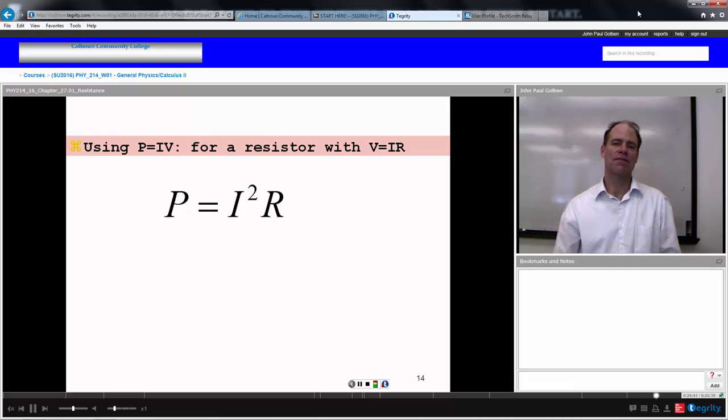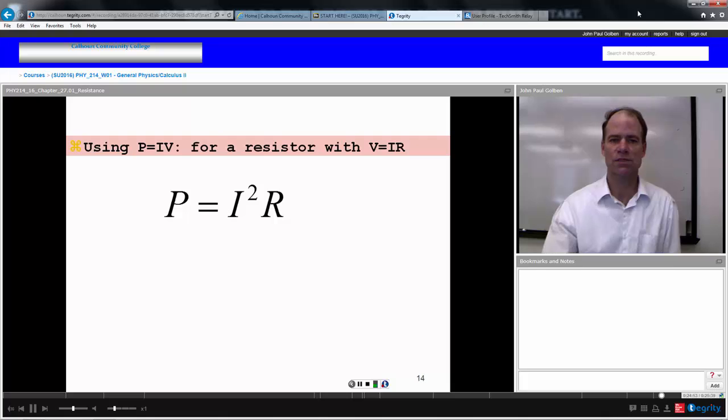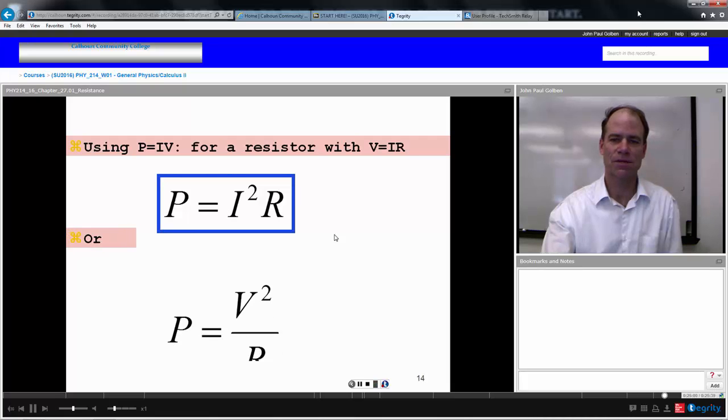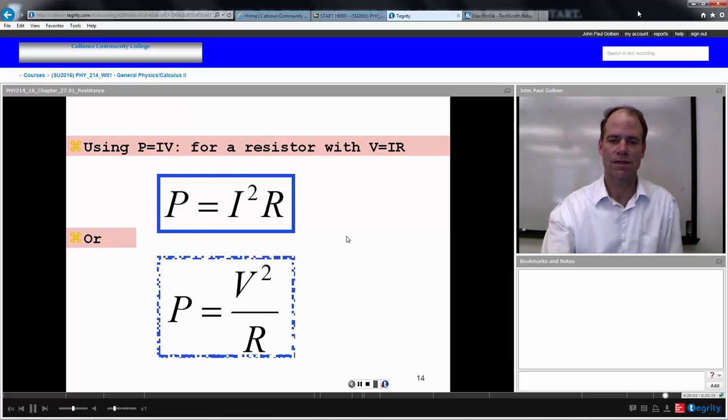If we had this in a device like a resistor, then the power would equal the current times the voltage of that resistor. The voltage of a resistor obeys Ohm's law, V equals IR, so the power dissipated in a resistor is going to be I squared times R. This is sometimes called resistive heating.